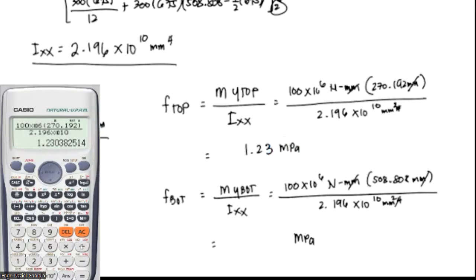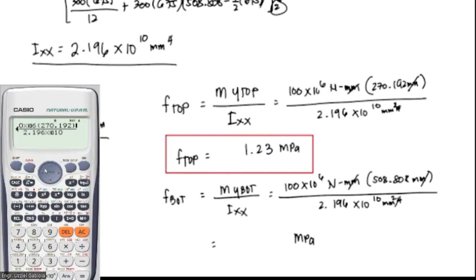Okay, then for the bottom fiber, we just need to change the value of y. So we have 508.808.